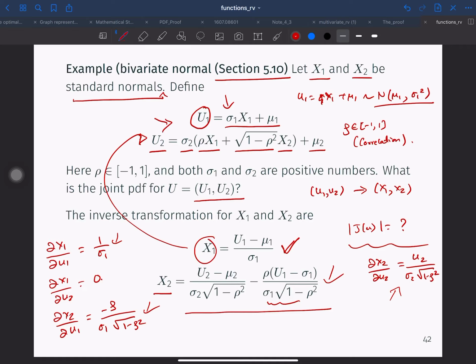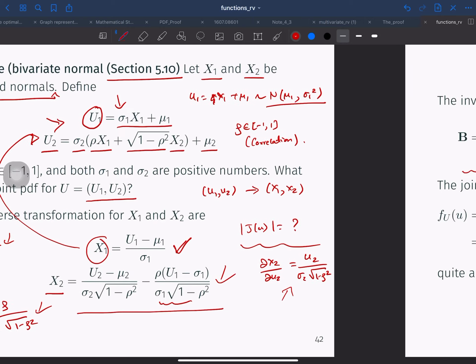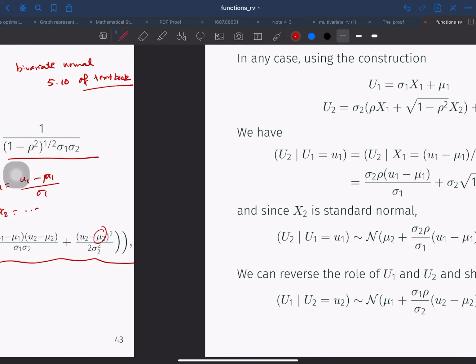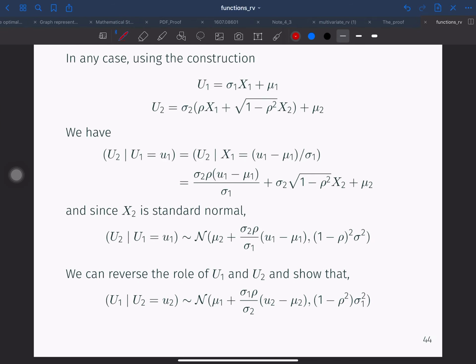Like we said, just a simple transformation of simple random variables can give you things that look quite magical or messy. In any case, using this construction, we can now look at the conditional distribution of, say, U2 given U1.